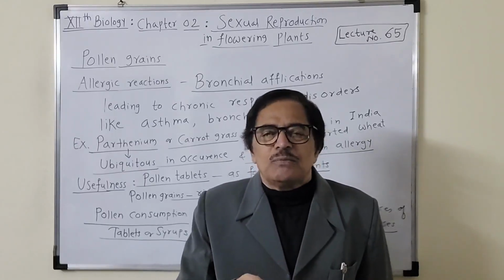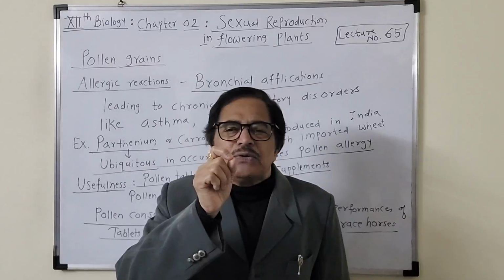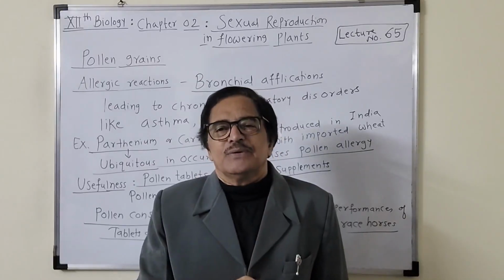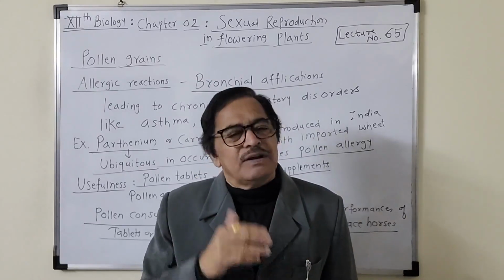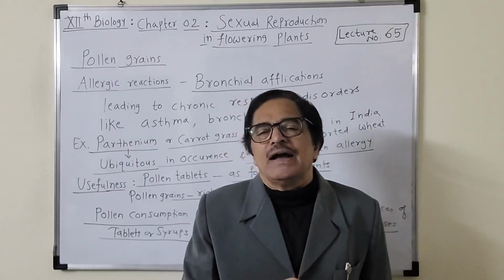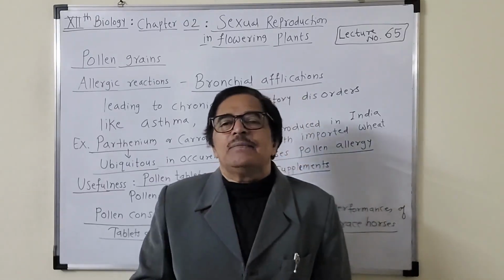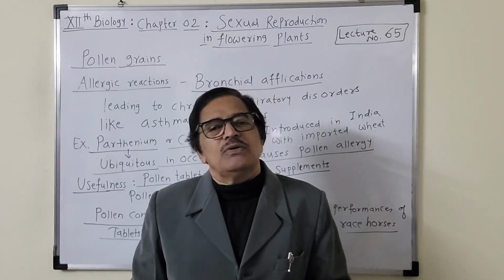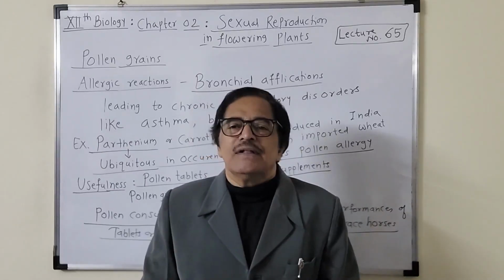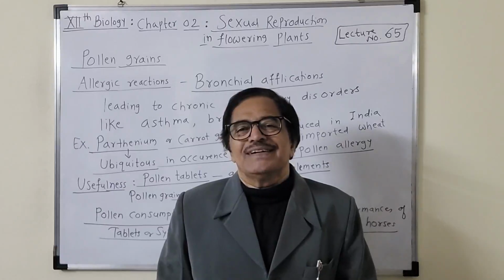So you can watch a pollen grain in the form of a very minute dot. Okay, it is even visible to the naked eye. And if you watch that pollen grain under a microscope, you will get a 2-celled structure. That also we have described.